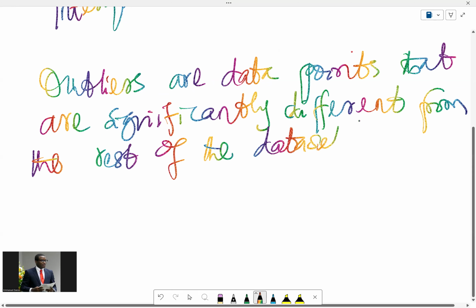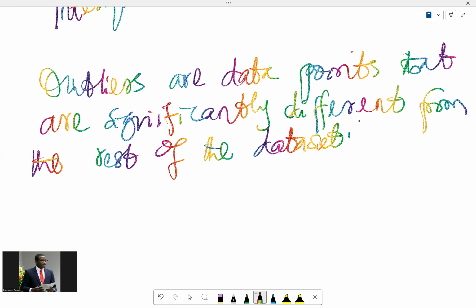Imagine as an HR person, you're going through the company staff list with their ages, and you find somebody who is 72 years old, or someone who is 15 years old. It may be a mistake you have to correct, but it may not be. The 72-year-old could be the founder of the company who is still on the payroll, and the 15-year-old or 17-year-old who is not an adult could be the owner's grandson or whatever.